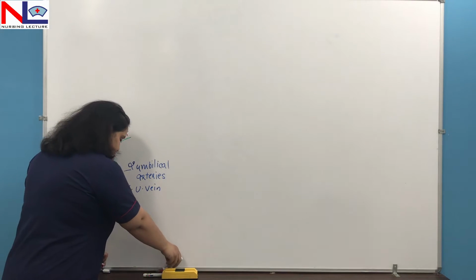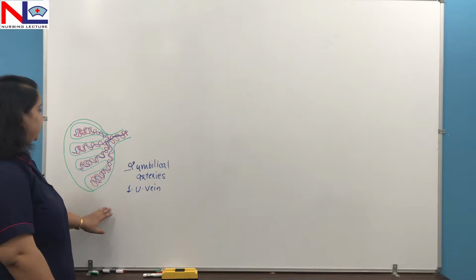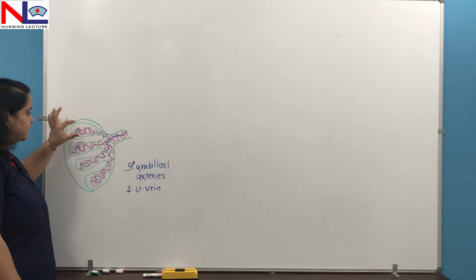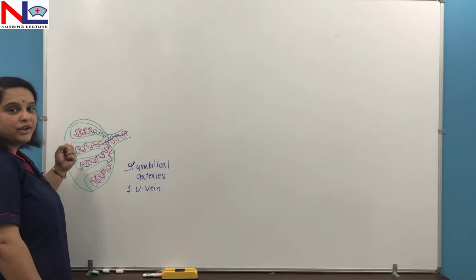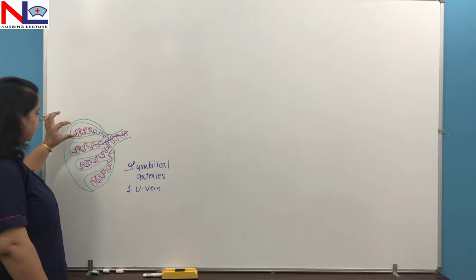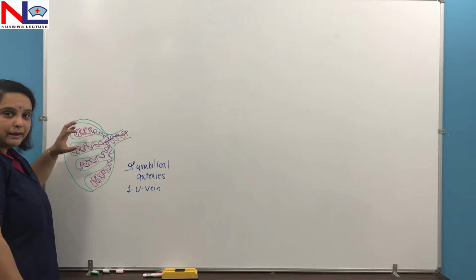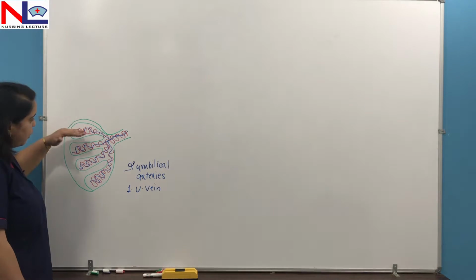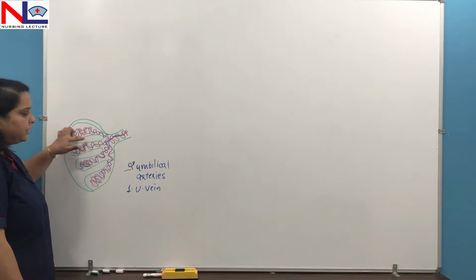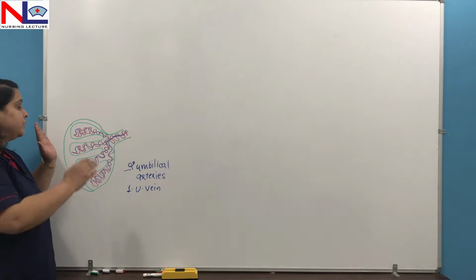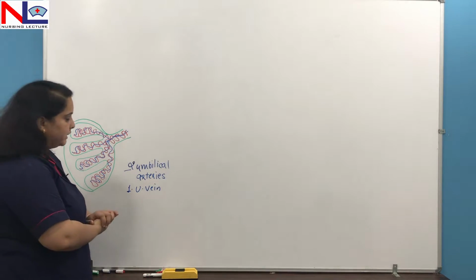So here I have drawn the placenta and the cord, and in the placenta the finger-like projections are the chorionic villi. These are the structural and functional unit, and in them there is a capillary network, and they exchange nutrients and waste between these finger-like projections and the intervillous spaces, right? So here is the placenta and the cord.